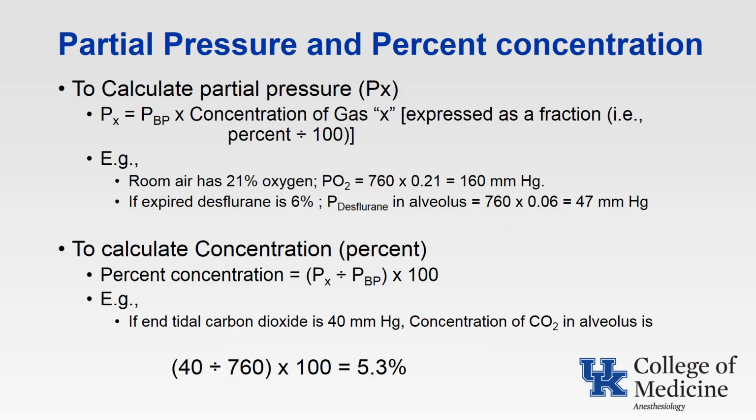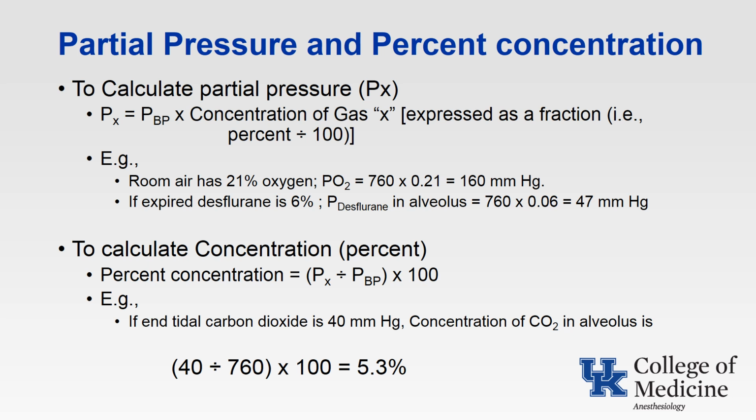To calculate the partial pressure, you take the barometric pressure times the concentration of the gas expressed as a fraction. For room air, it's 20% oxygen.